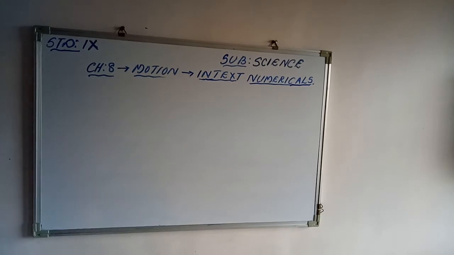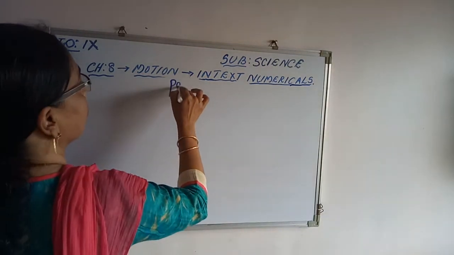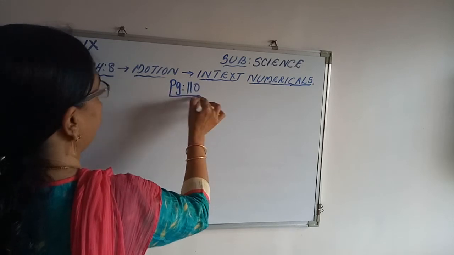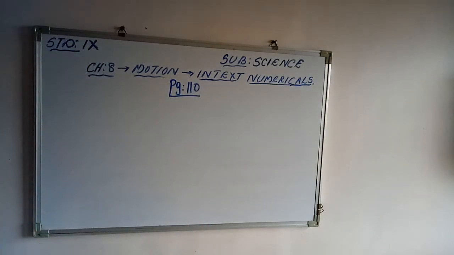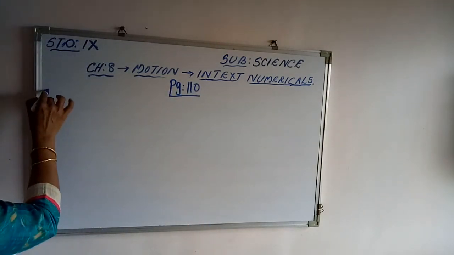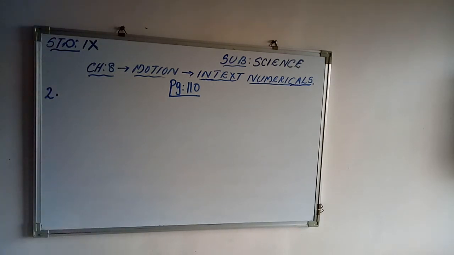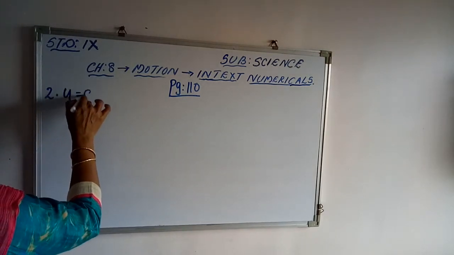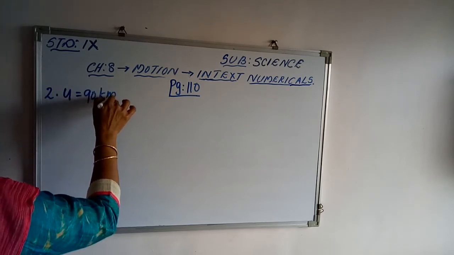Now take page 110. Second question. A train is travelling at a speed of 90 km per hour. So u is equal to 90 km per hour. You can write that is the initial speed.